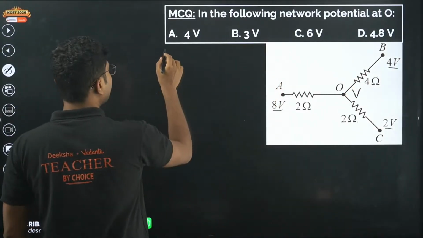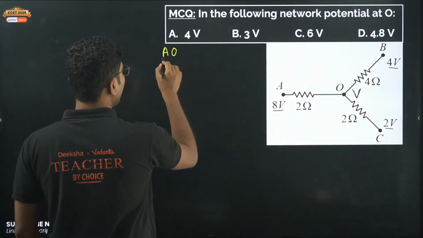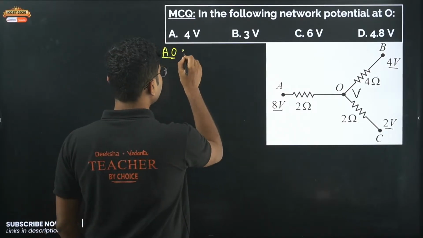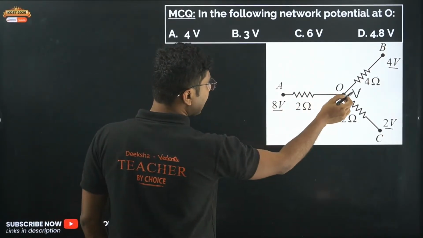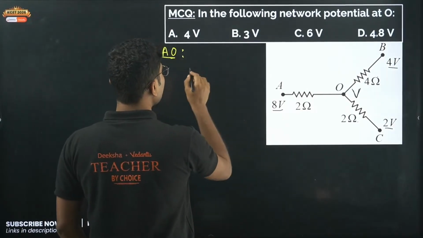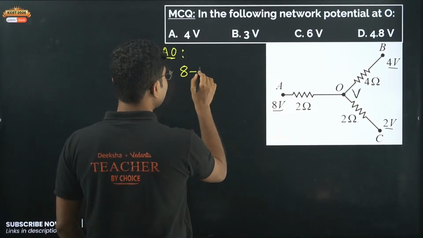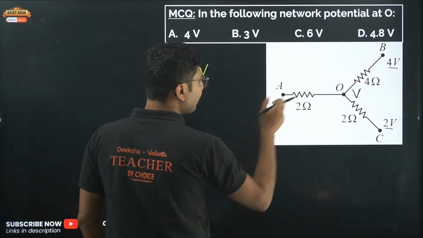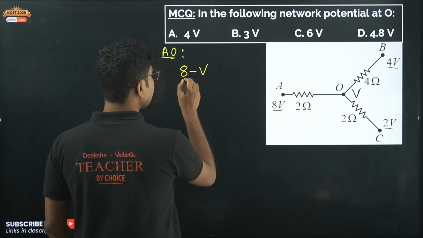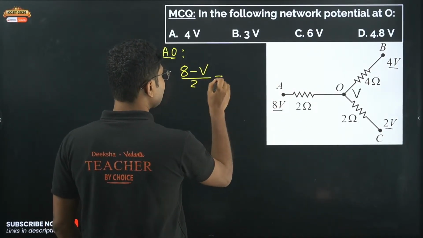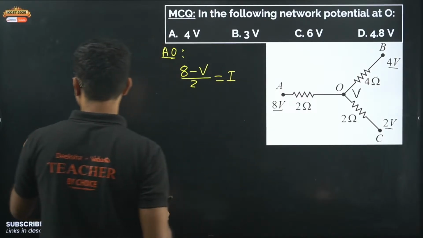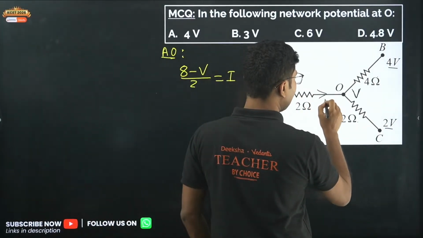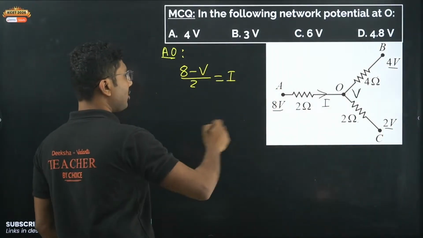So for the segment AO, we will apply Ohm's law. This point has a voltage V, this point has a voltage 8. So what is the voltage difference? 8 minus V is the voltage difference. Resistance between these 2 points is 2. So that must be the current I. Current I flowing through this area is given by this formula.